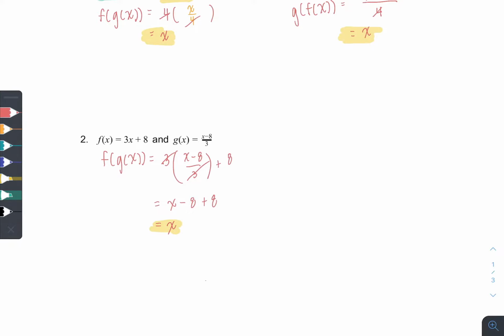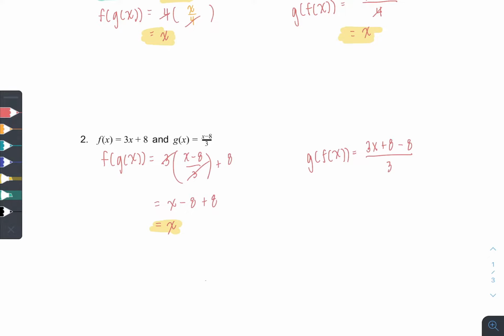Then lastly, we want to find g of f of x. So we are going to plug in f of x wherever there's an x. So there's our numerator, and 3 is our denominator.